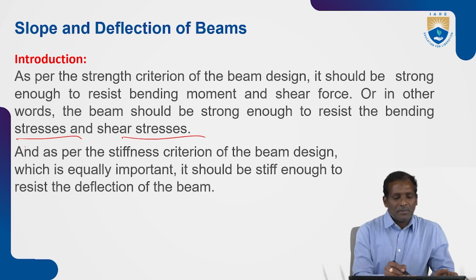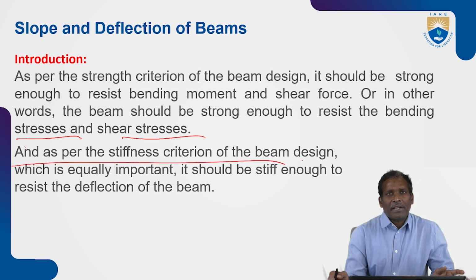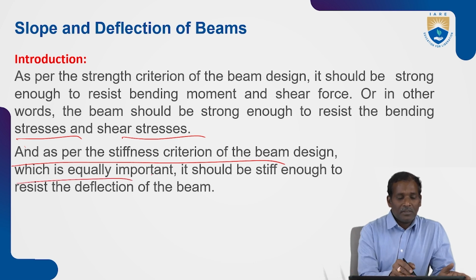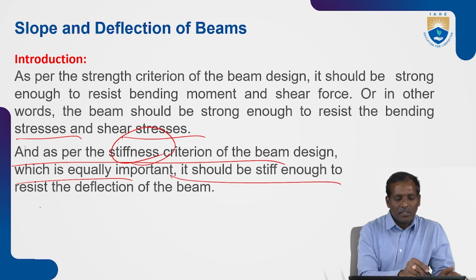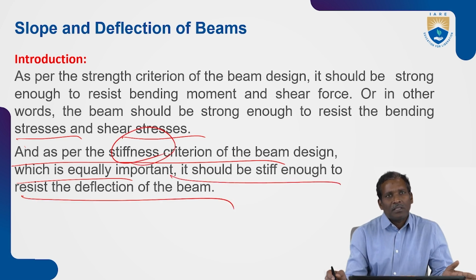And as for the stiffness criterion of the beam design, which is equally important, whenever the beam is designed based on stiffness, it should be stiff enough to resist the deflection of the beam.